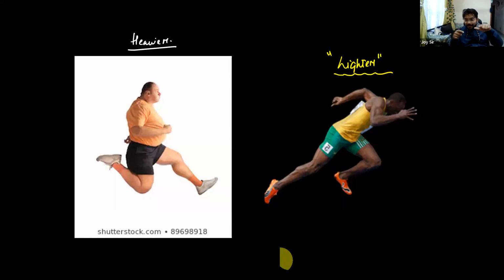The lighter you are, the faster you run. From there, his life changed. He started to be lighter and then he started to sprint faster. So the lighter you are, the faster you move. That is the concept.